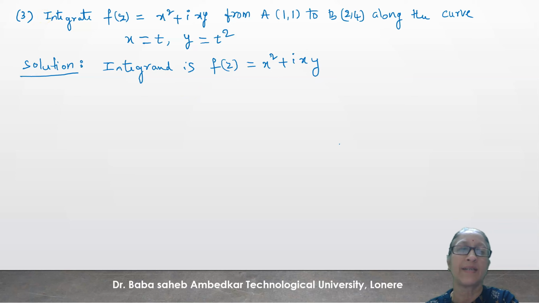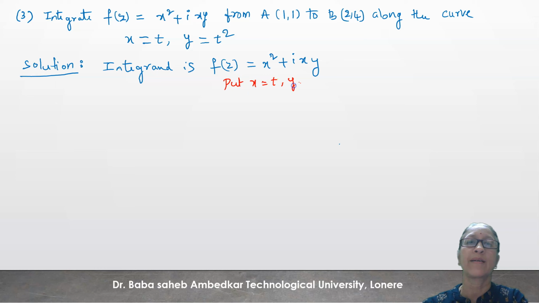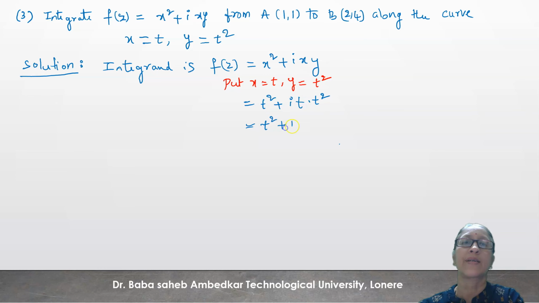Put x equal to t and y equal to t square, and we get t square plus i into t cube. This is the integrand.